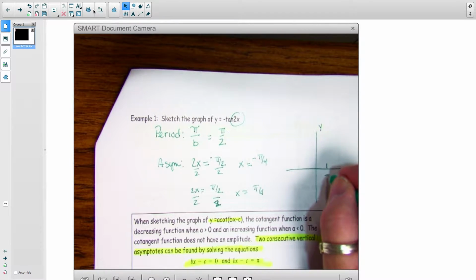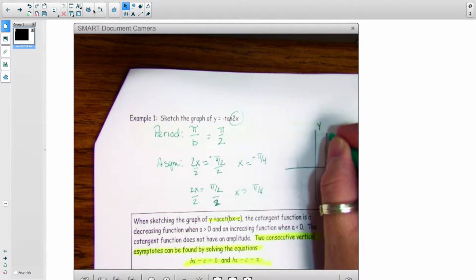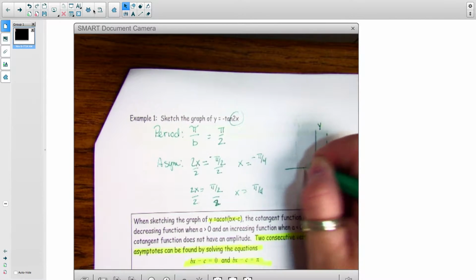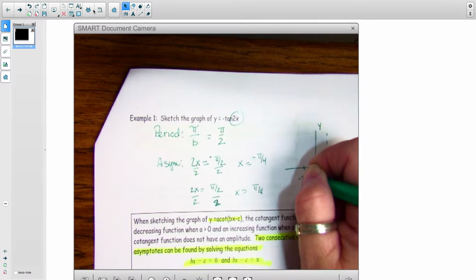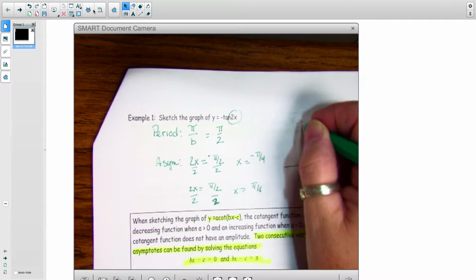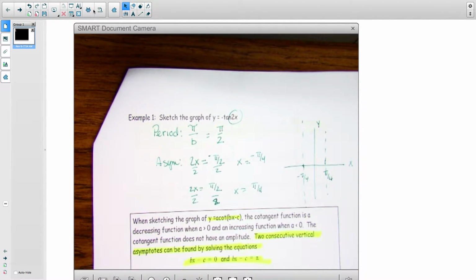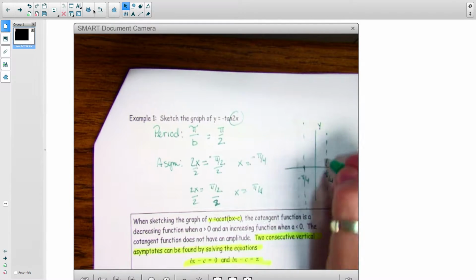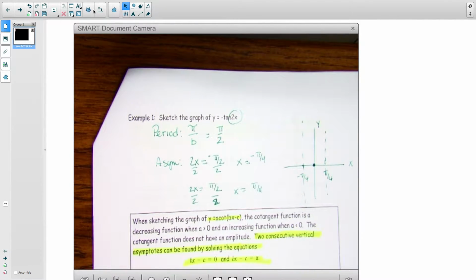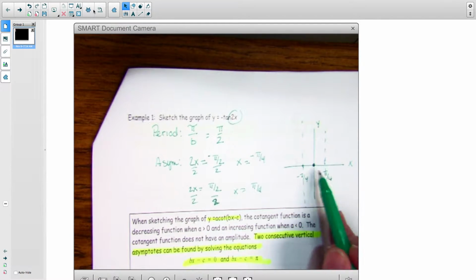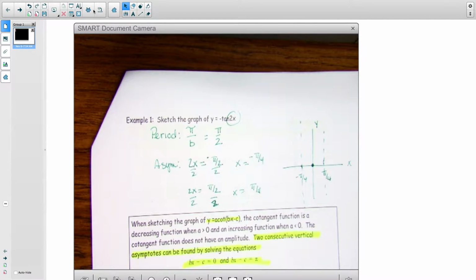So I have an asymptote at pi over 4 and an asymptote at negative pi over 4. The 0 is found halfway between them. Is this a period of a half a pi?